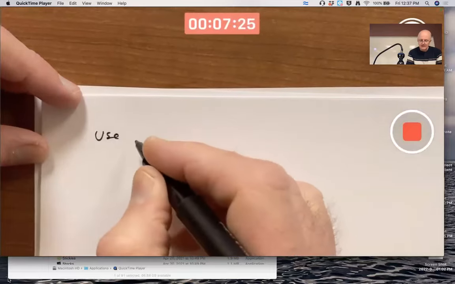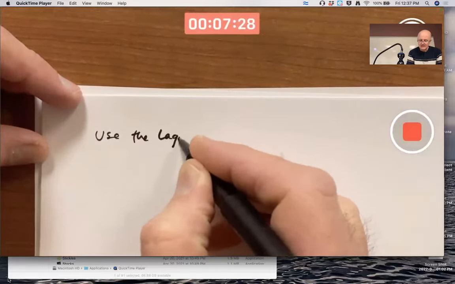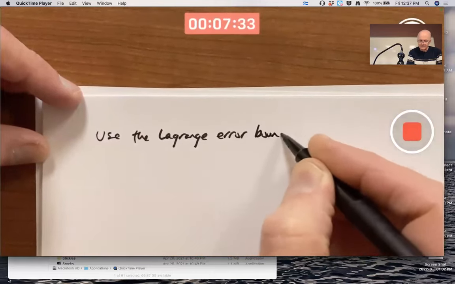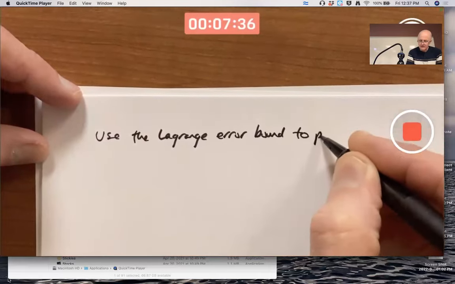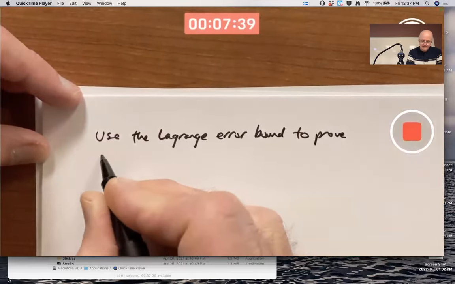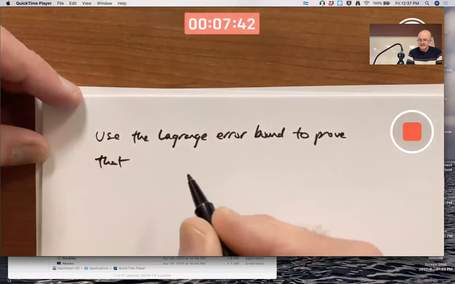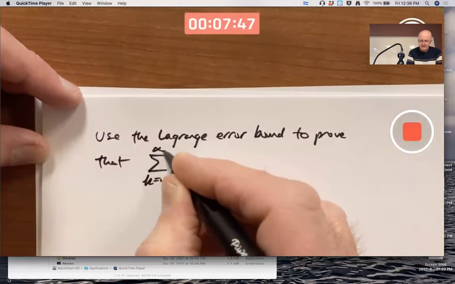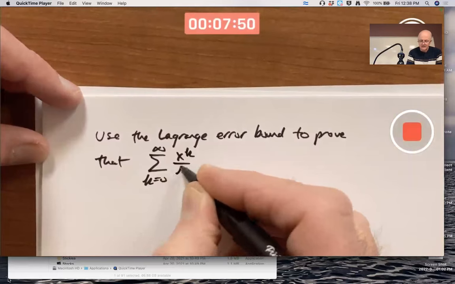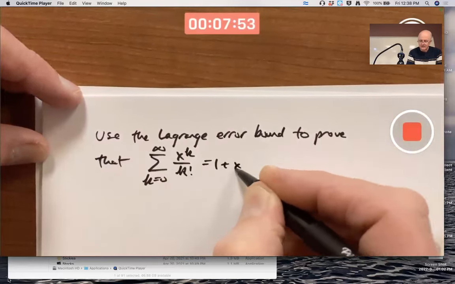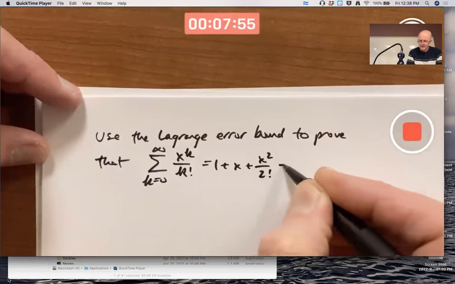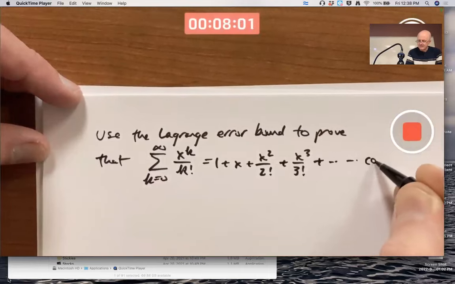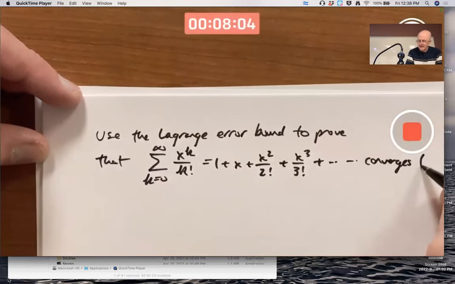Use the Lagrange error bound theorem, or just error bound, to prove that the Taylor series for e to the x centered at x equals 0, which can be written like this in summation notation, and of course like this without summation notation, converges to e to the x.